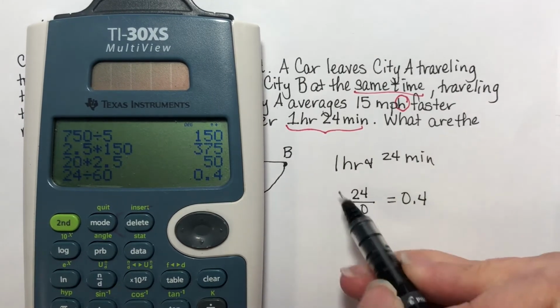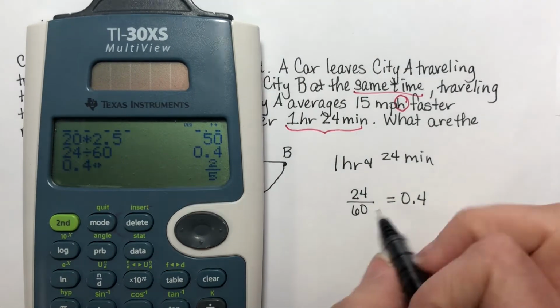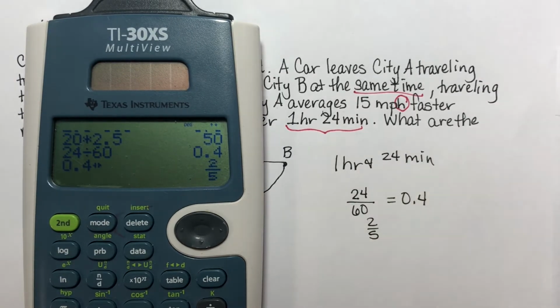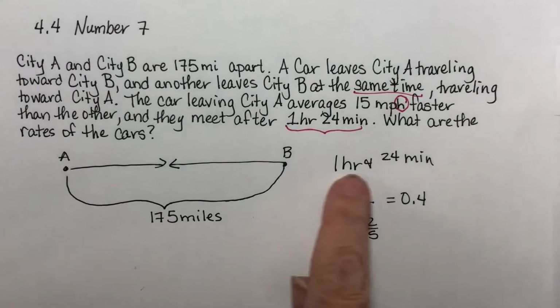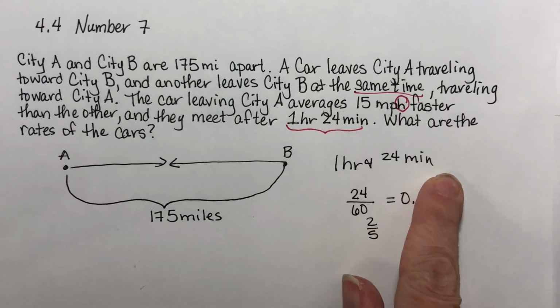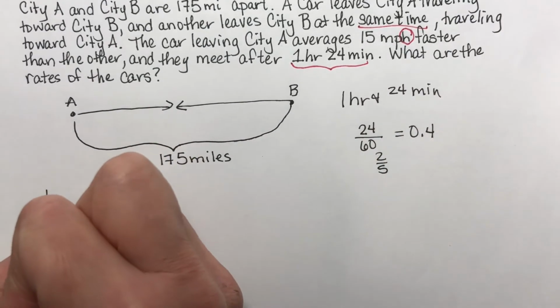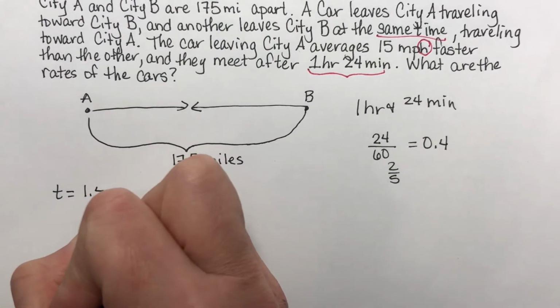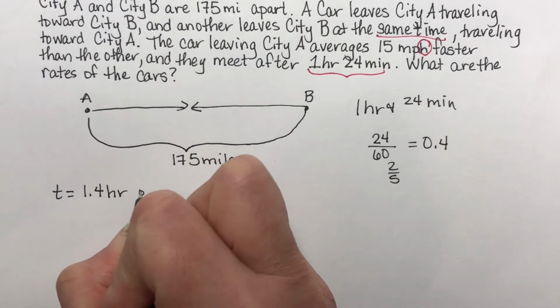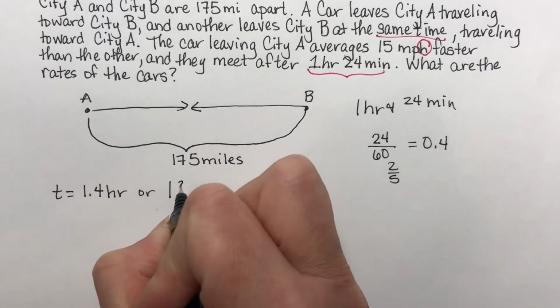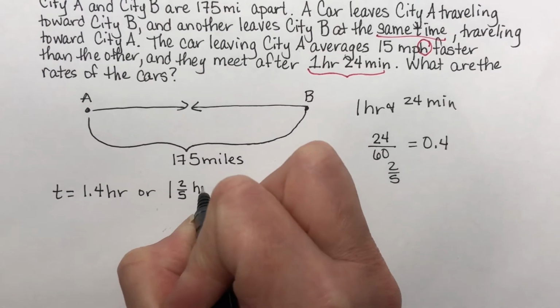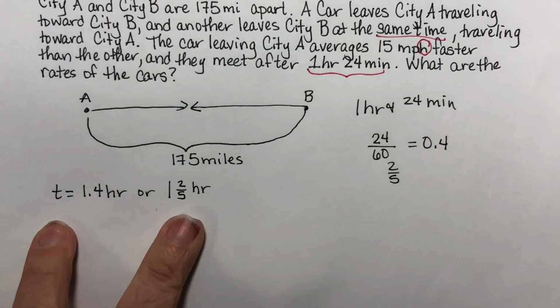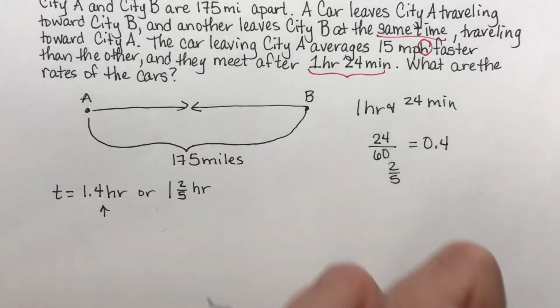Or if I take this fraction and reduce it, I would get 2/5. So instead of using 1 hour and 24 minutes for your time, you can use either 1.4 hours or you can use 1 and 2/5 hours. Either one of these will work. I'm going to use the decimal version.